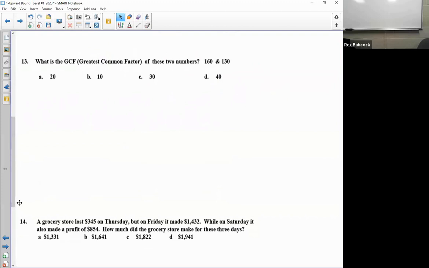Number 13. What's the greatest common factor? Go. See if you can get it down on your own in half a minute. 30 seconds. Go.